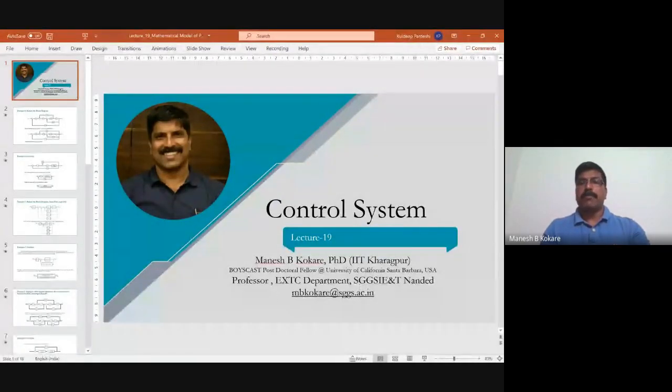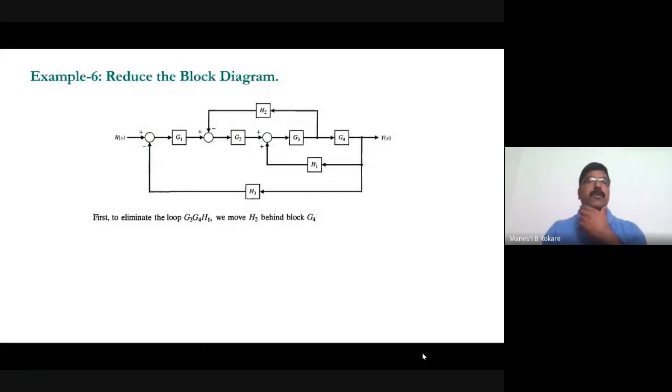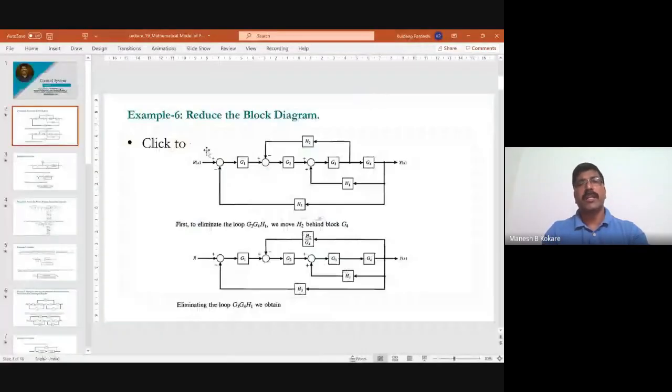So the next problem is this block diagram which is given, and you'd like to find the overall transfer function of this system. As I said, when you look at any complicated block diagram, the first thing is to check whether there are any two blocks connected in cascade.